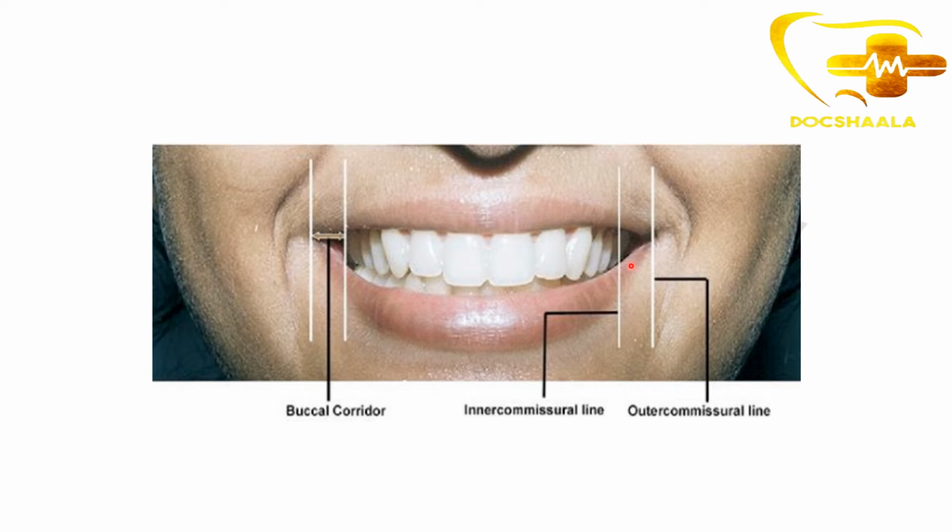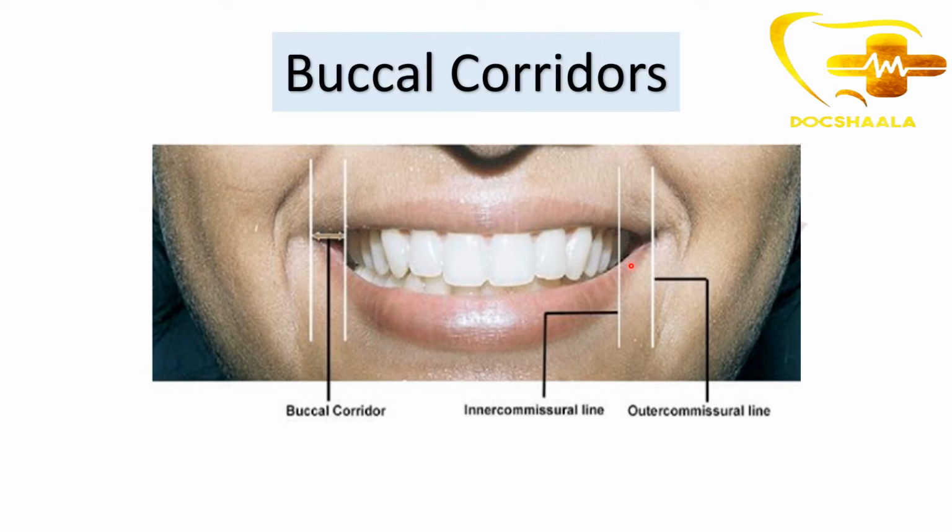The inner commissural line is towards here, whereas the outer commissural line is at the corner of the lip. The inner commissural line is based on the last teeth that we can see. You can observe on this side we can see this molar surface area, so there it is drawn, and here also we can see that, so there it is drawn.